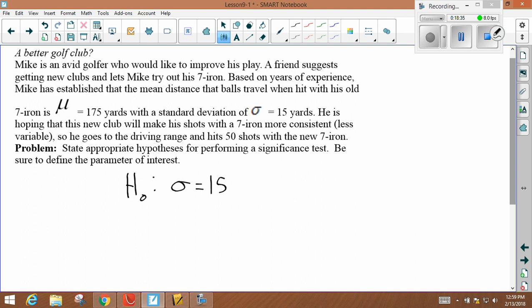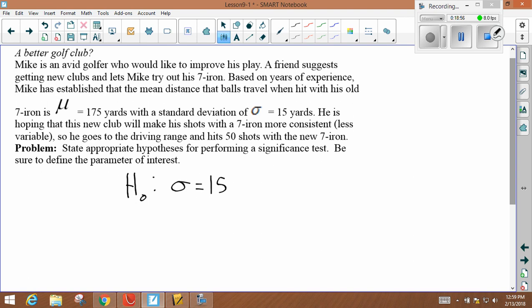Now his friend would like that to not be true, right? He thinks that he knows what's wrong with his friend's golf shot. So he's going to say, hey, I think that what you need is new clubs. If he doesn't need new clubs and he tries this new 7-iron, then his standard deviation should be the same.